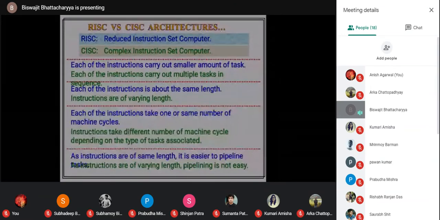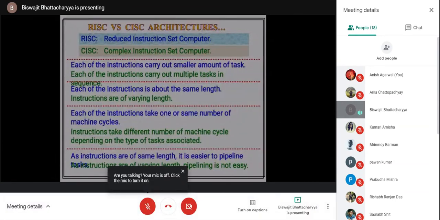But in a complex instruction set computer or processor, each of the instructions can carry out multiple tasks. A single instruction can tell the processor to do multiple tasks, or a sequence of different tasks.